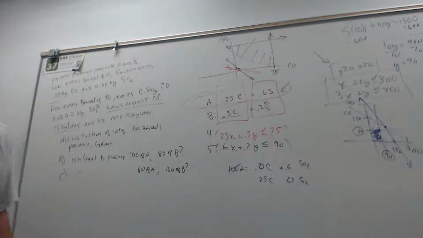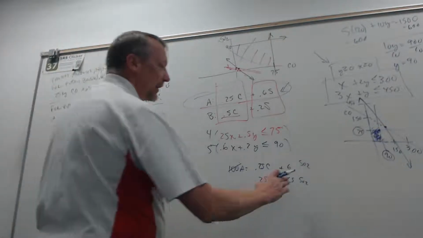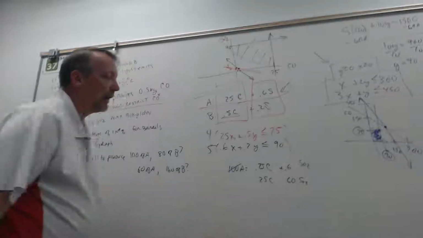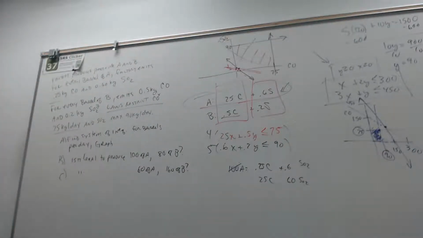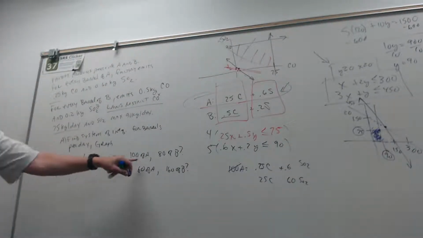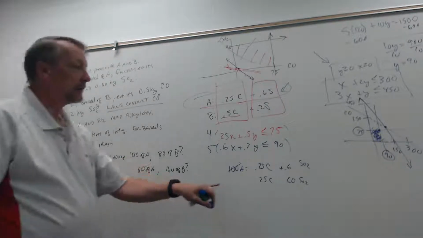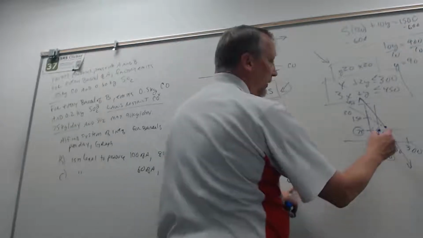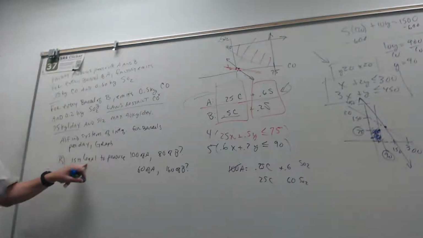That stupid S is killing me every time. So 60 of the SO2. So is it okay to produce 100 of A? 25 of the carbon monoxide is okay, and 60 is okay. So is this okay? Yes.